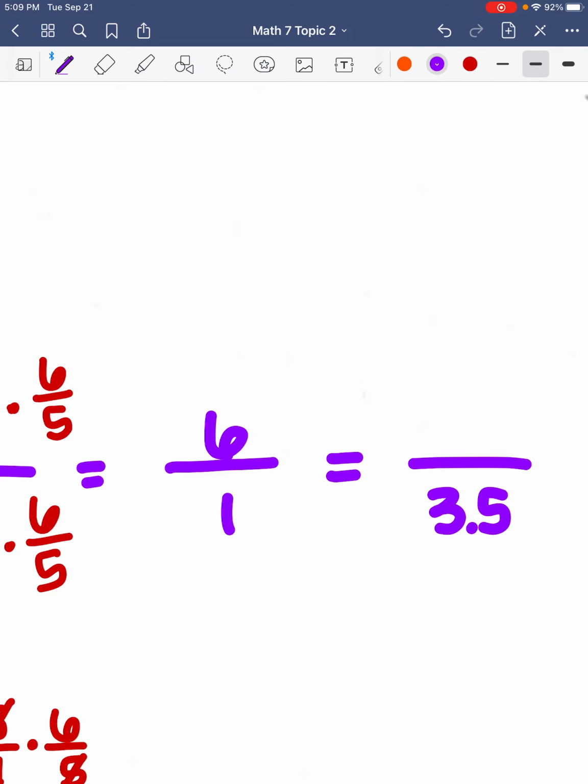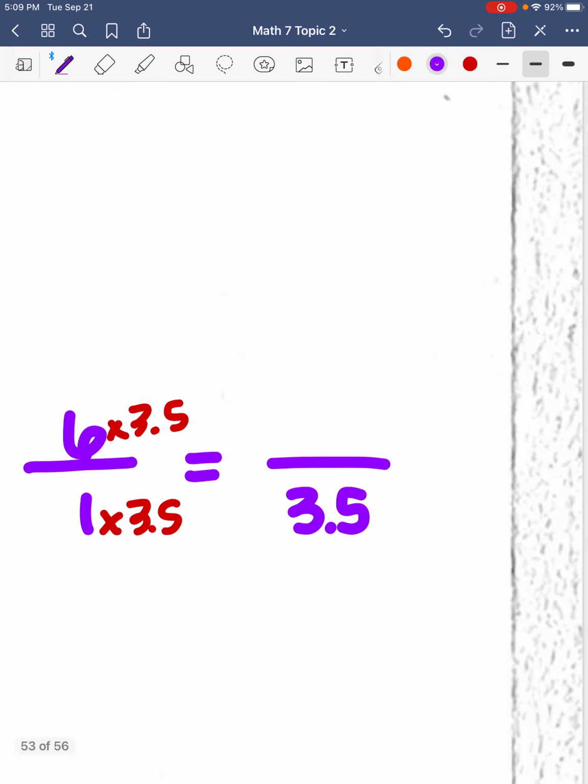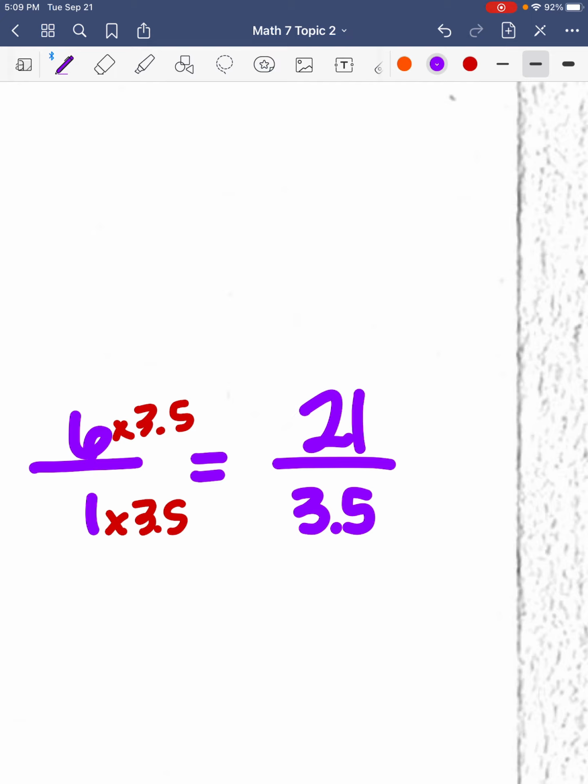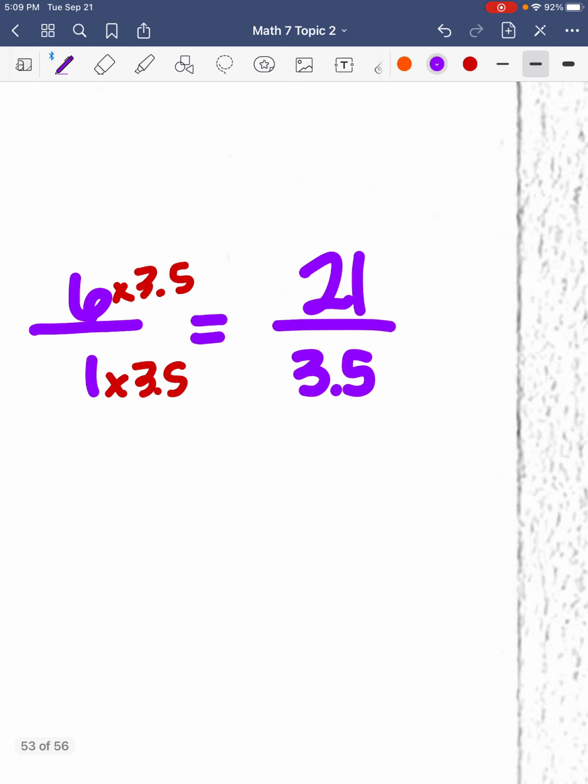So how do I figure that out? Well, how am I going from 1 to 3.5? I'm simply multiplying, right? I'm going to multiply times 3.5 on the bottom and on the top. And when I put 6 times 3.5 into my calculator, I get 21. So what does that mean? It means the mall is 21 miles from Paige's house.